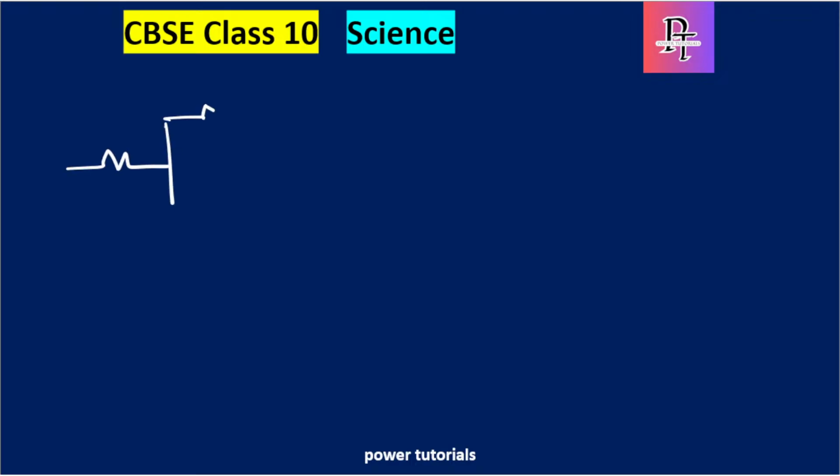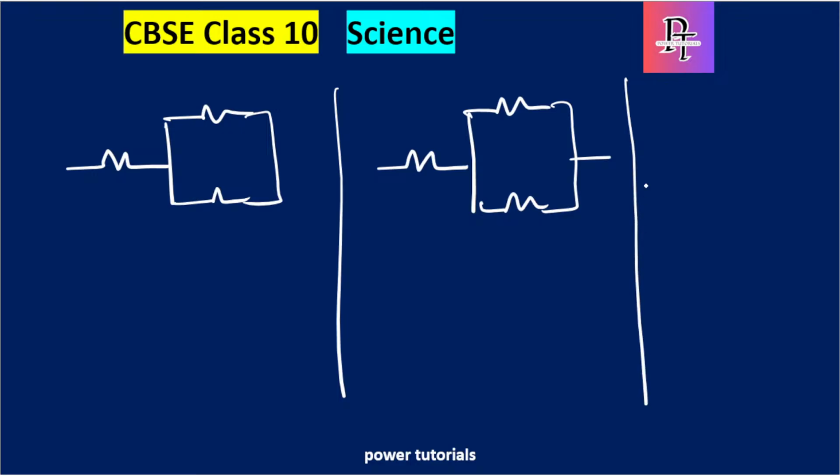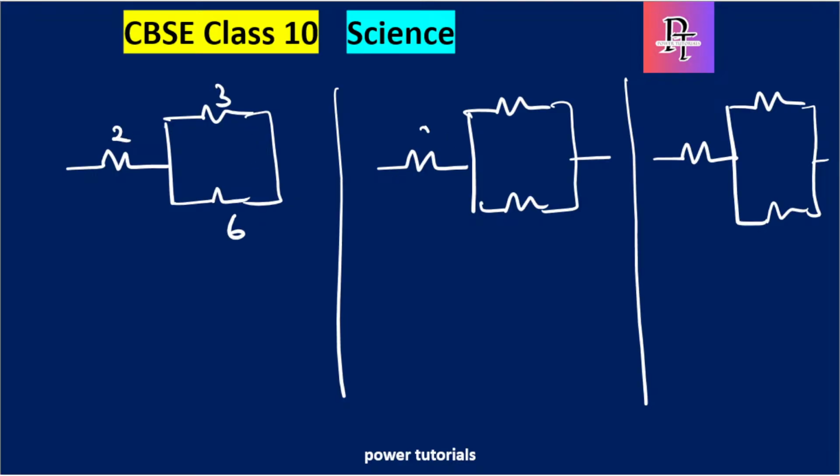I'll keep all 3 combinations. Okay, 2 with 3 and 6, 3 with 2 and 6, or 6 with 2 and 3.